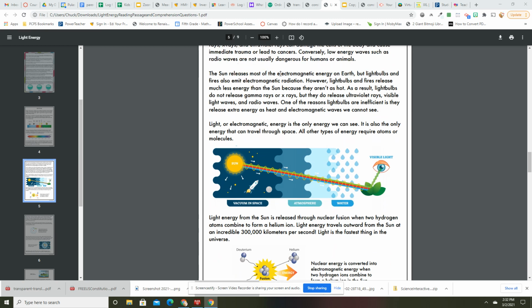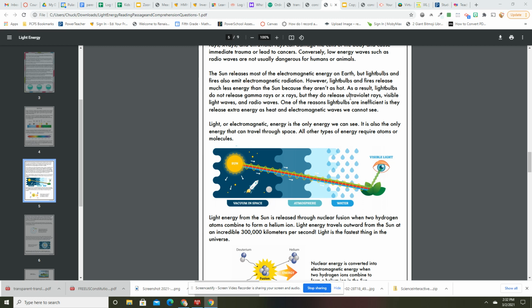The sun releases most of the electromagnetic energy on Earth, but light bulbs and fires also put out electromagnetic radiation. However, light bulbs and fires release much less energy than the sun because they aren't as hot. As a result, light bulbs do not release gamma rays or X-rays, but they do release ultraviolet rays, visible light waves, and radio waves.